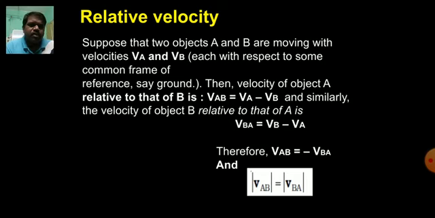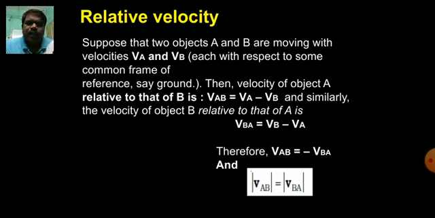We can write that, right? Got my point? Very good. But the velocity of object A with respect to object B, that is, VA minus VB, is equal to VAB. So we can substitute VAB in place of VA minus VB. So finally we get VAB is equal to minus VBA.